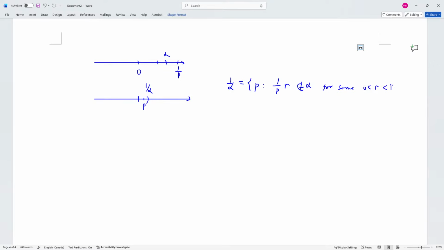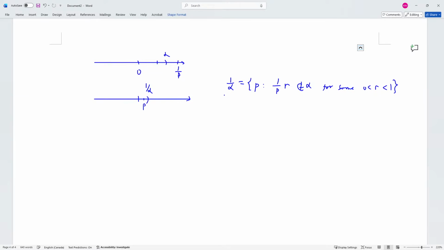So I want to define 1 over alpha this way. Because the idea is I want 1 over alpha to consist of numbers such that 1 over P is in R plus, but not in alpha.